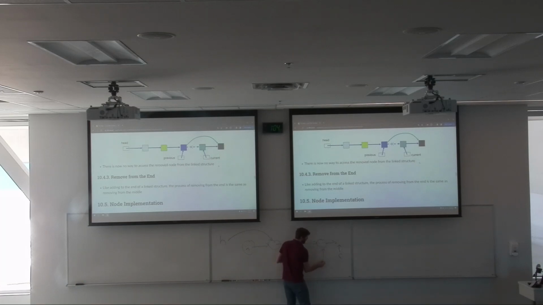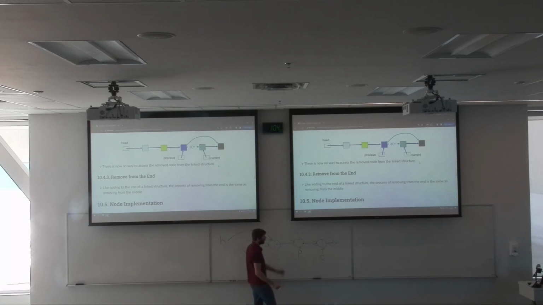This is previous. Right? It's going to be the same as remove from the middle. It just so happens that current is also referenced to null. Okay. Oh wait, no, I've got it backwards. Not backwards. I've got it off by one. My apologies. Previous, current. There. Right?